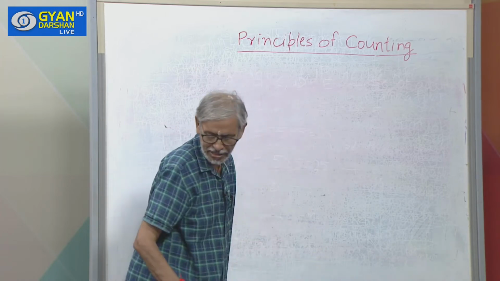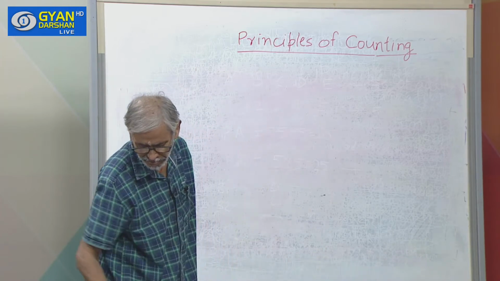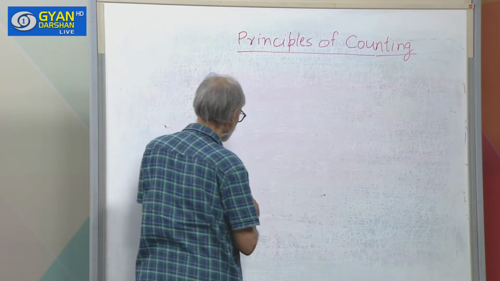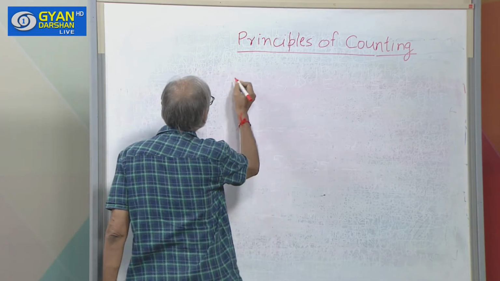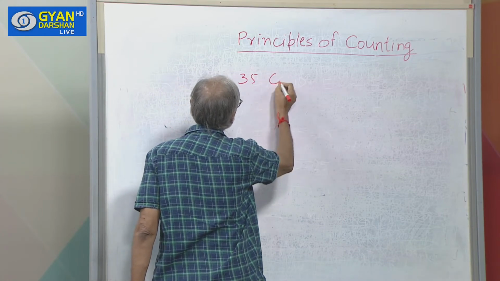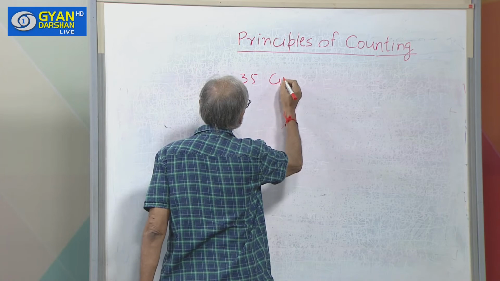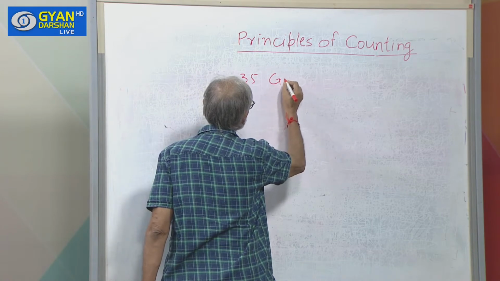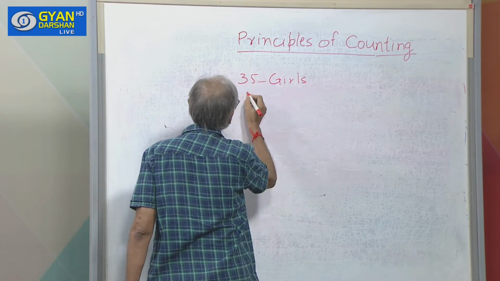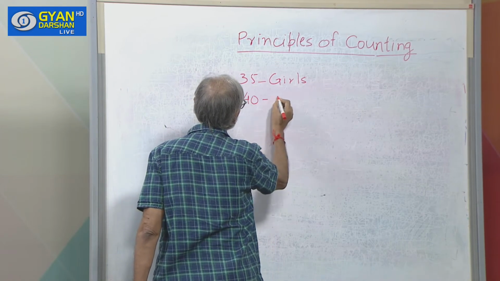Let us take another example. Suppose there is a class of students in which 35 girls are there and 40 boys are there.